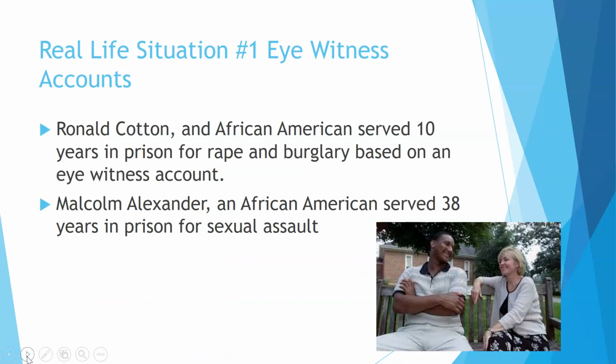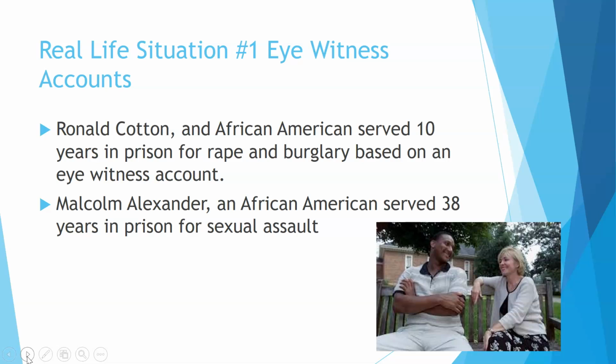So for a first real life situation, you might choose an eyewitness account, and I have put some links onto OneNote for you to explore and read in your own time. Ronald Cotton, an African American, served 10 years in prison.